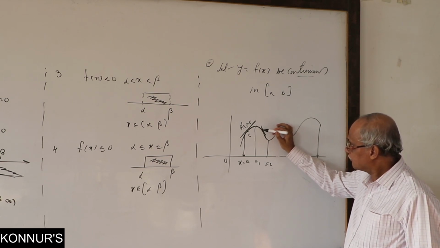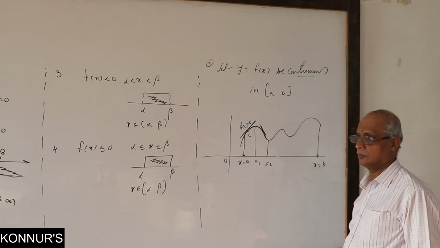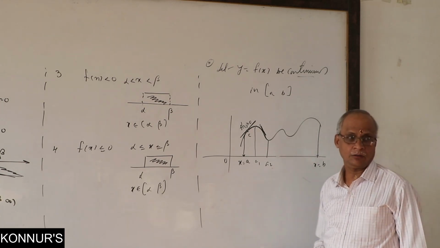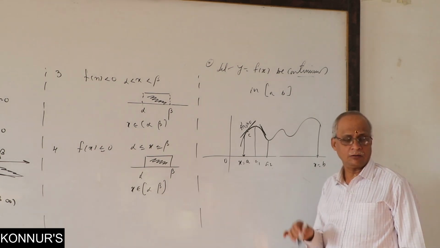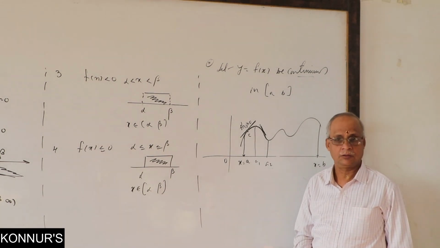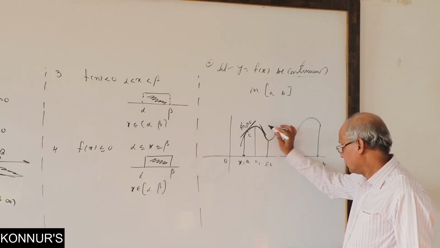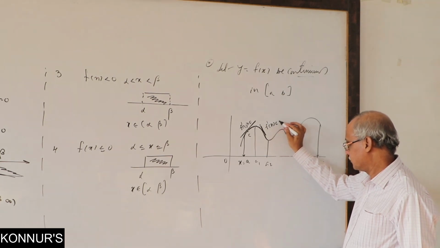At this point, when you find the derivative, the angle is coming this side, more than 90, less than 180, an obtuse angle. Tan value negative, second quadrant, tan is negative, derivative is negative. So for any other point, f dash x is negative.